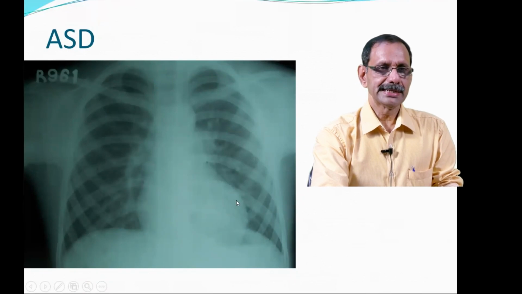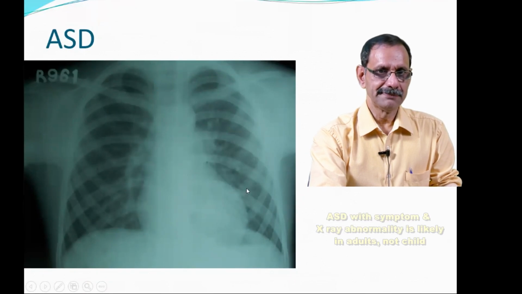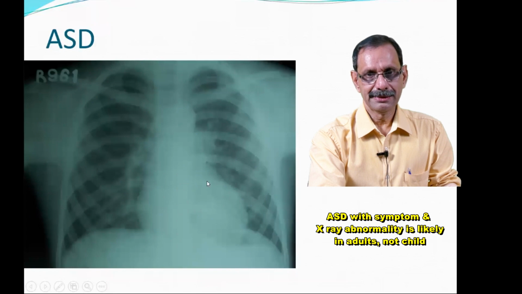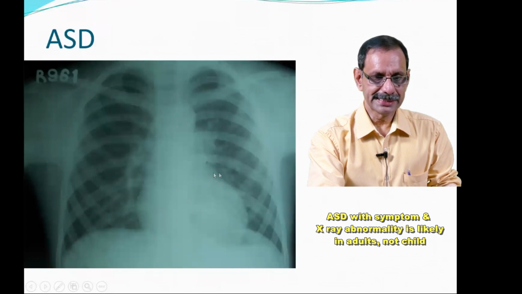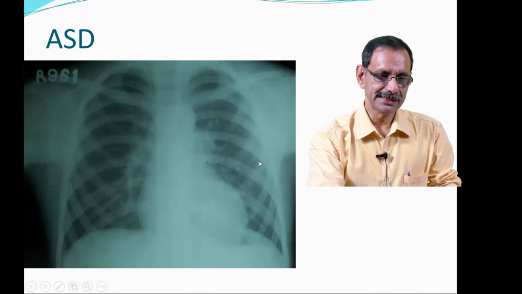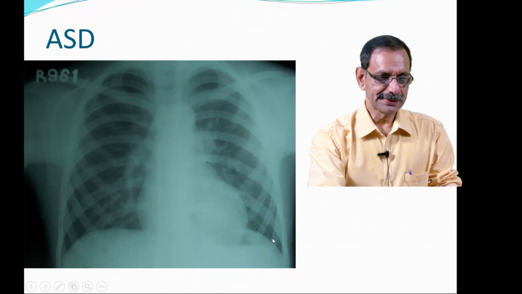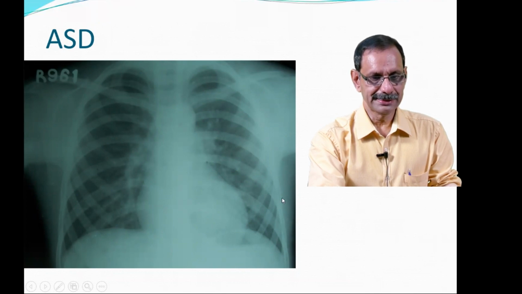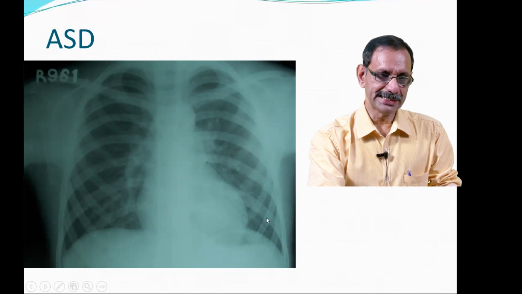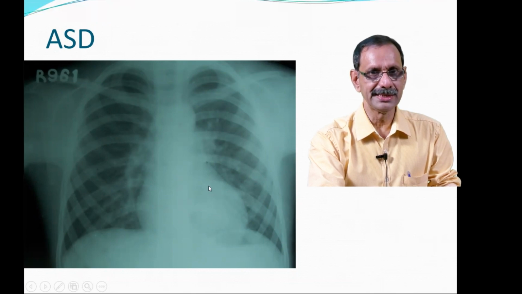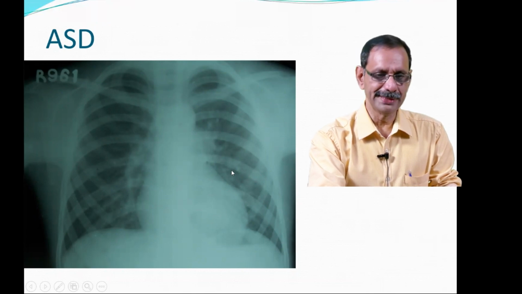In ASD, generally the X-rays will be normal. We need the clinical wide fixed second sound and ECG finding to diagnose. If somebody tells us that this is an X-ray of a left to right shunt and asks what it could be, only then can we commit that it could be ASD. For example, the pulmonary is prominent.